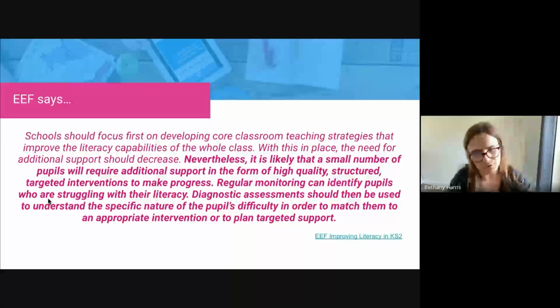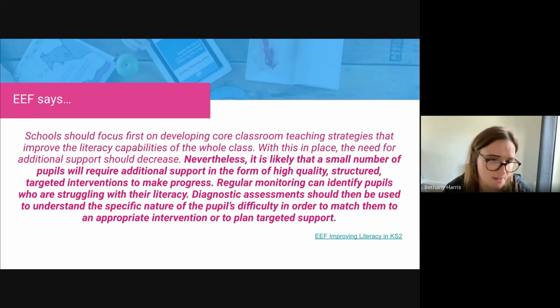So I will refer quite a bit to the Education Endowment Foundation's Improving Literacy in Key Stage 2 today. At Twinkl, we really value the EEF and the research that they carry out in education. Even though this comes from the Key Stage 2 strategy, there's also lots that can be put into Key Stage 1 that crosses over.